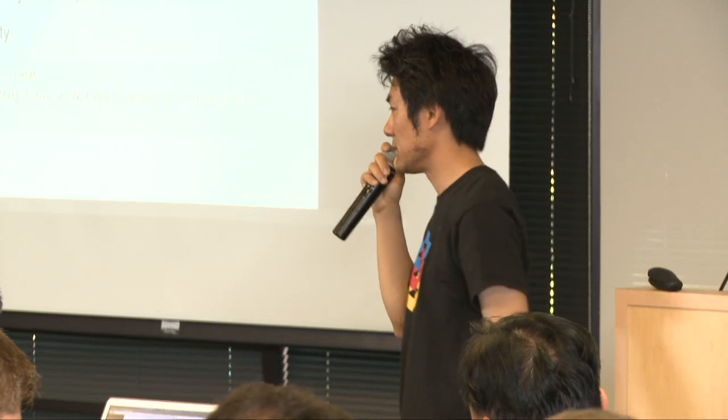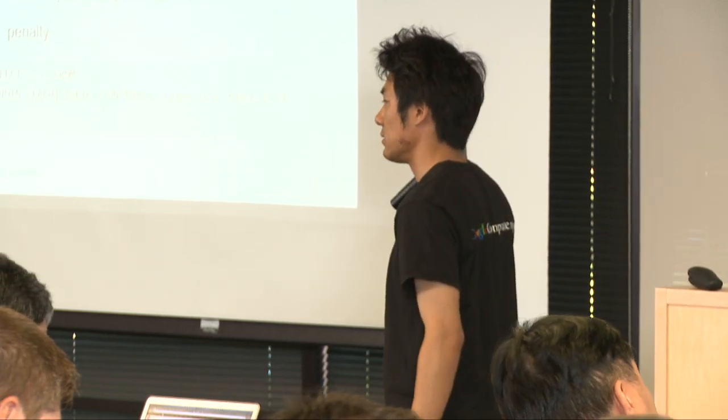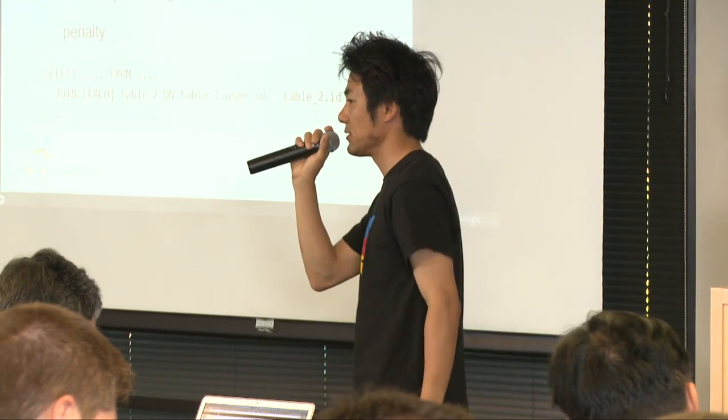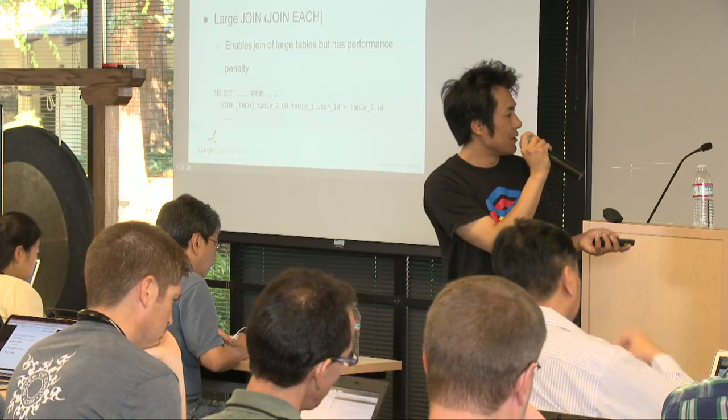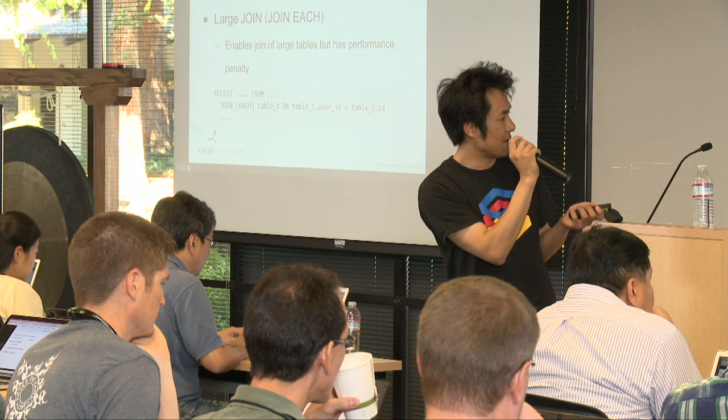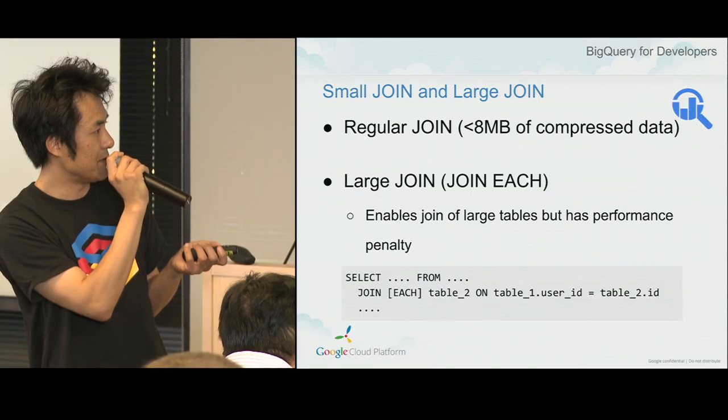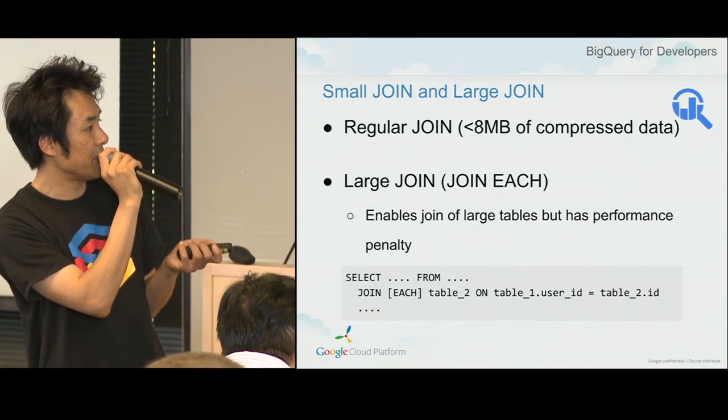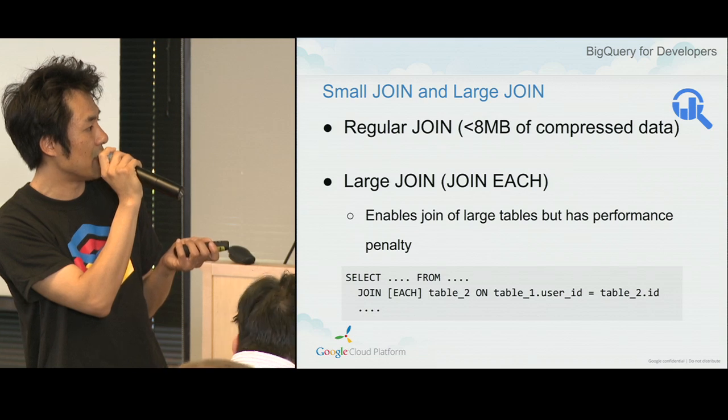Clear? Yes, 8 megabytes. So the question is whether this includes the entire column or the joined columns.